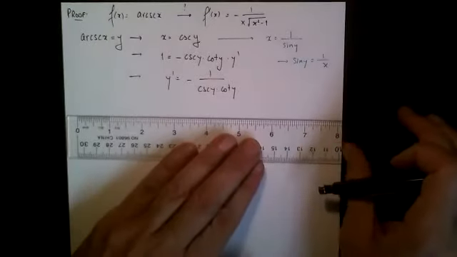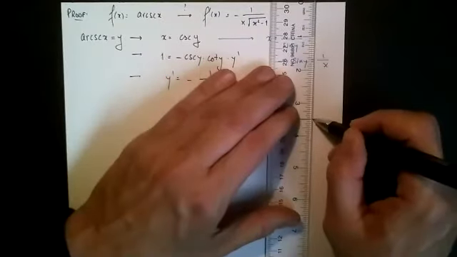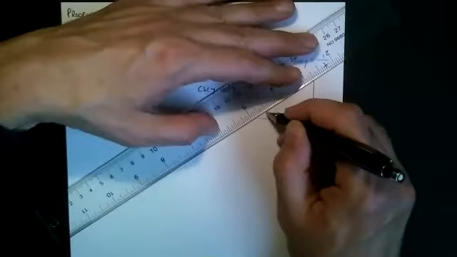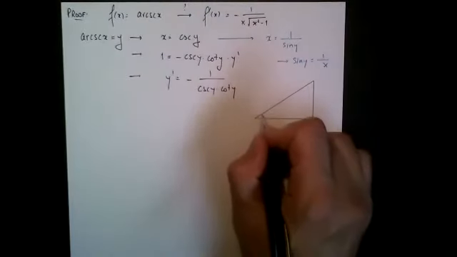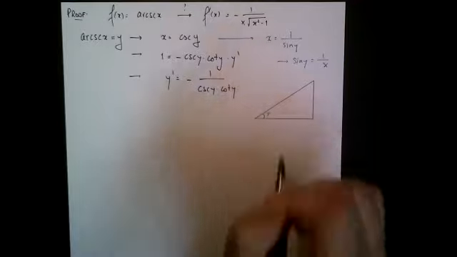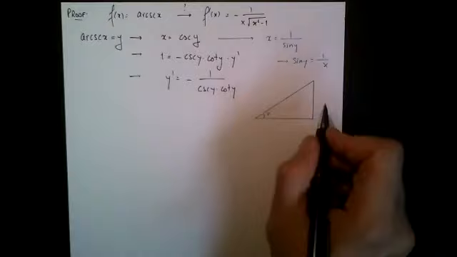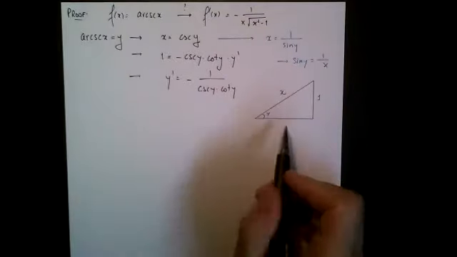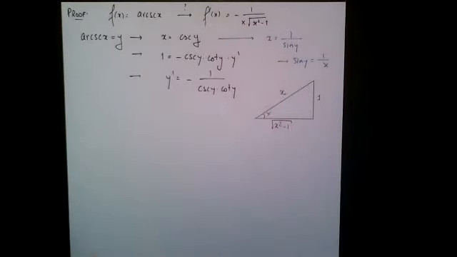And so I could do my triangle. Angle y. Sine is opposite over hypotenuse. Pythagoras here: square root of x squared minus 1.